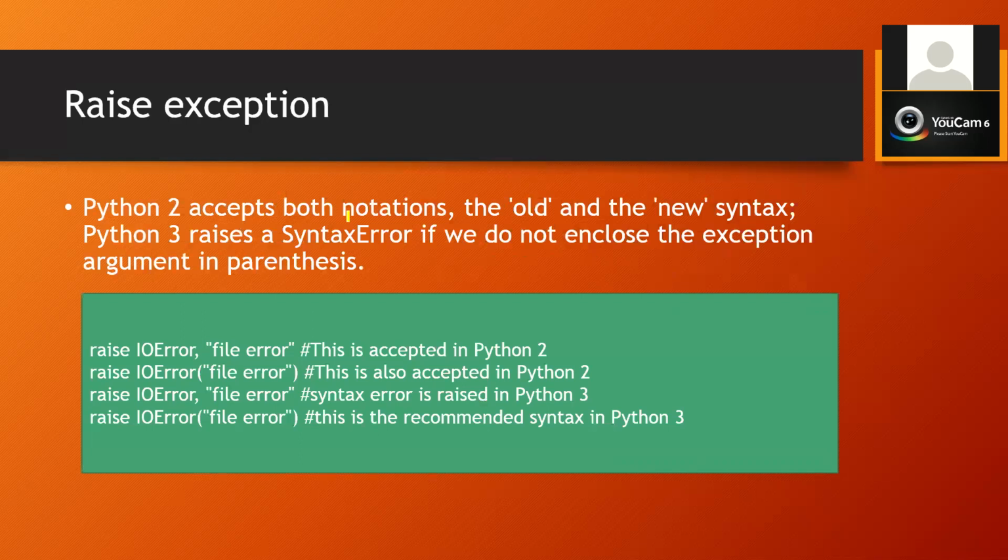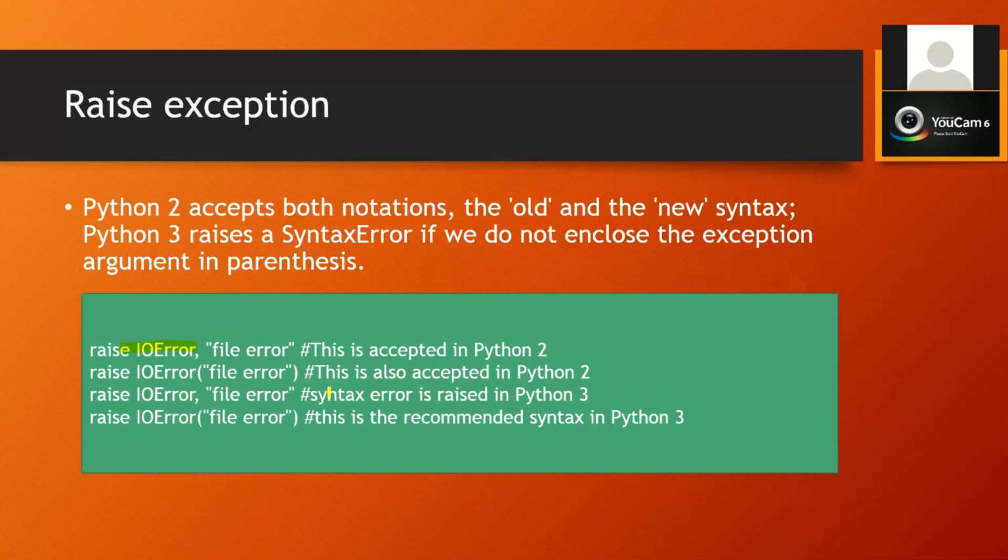So in Python 2, if you see this one, raise IOError, the file error. So basically you are writing your own exception handling, and you are saying if the exception is raised, it is to be written with raise, space, IOError and the error name.